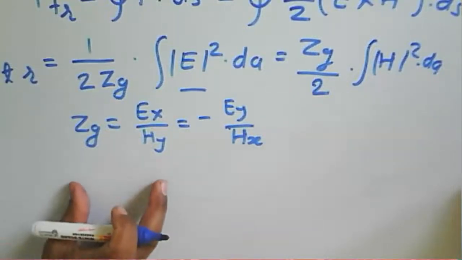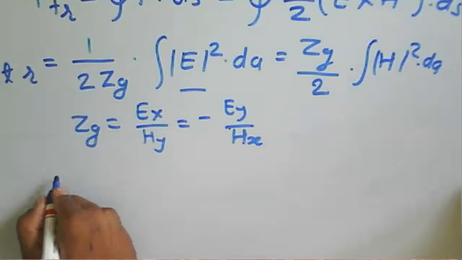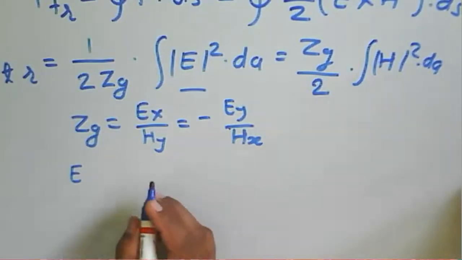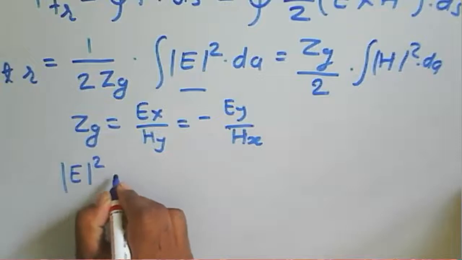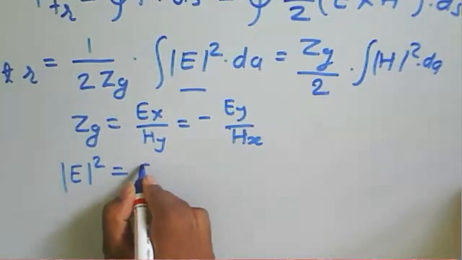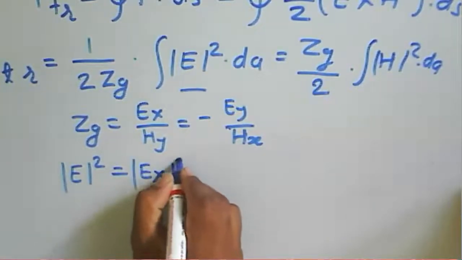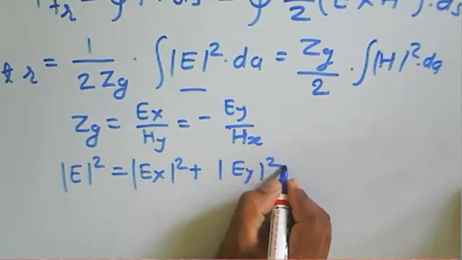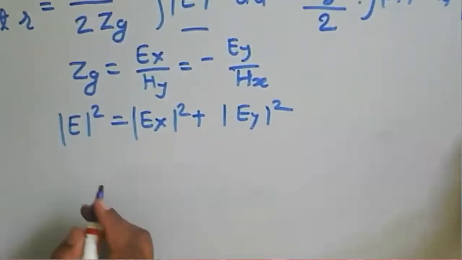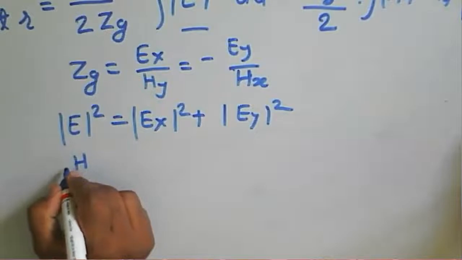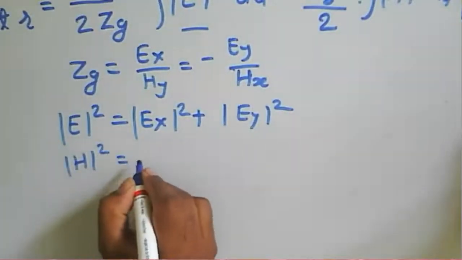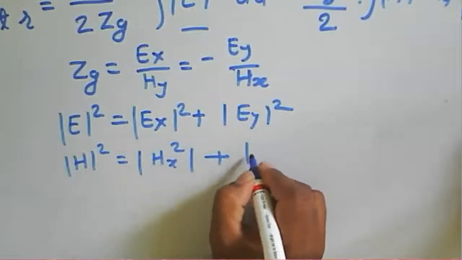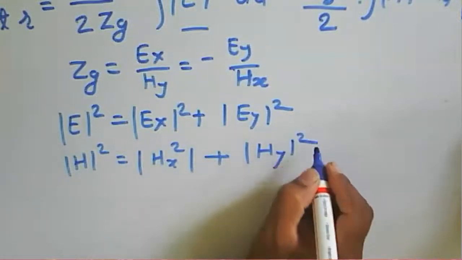Then this E is nothing but it has field components of X and Y. So E square is equal to Ex square plus Ey square. Similarly, we can write H square is equal to Hx square plus Hy square.